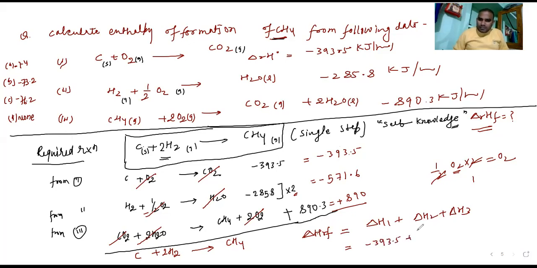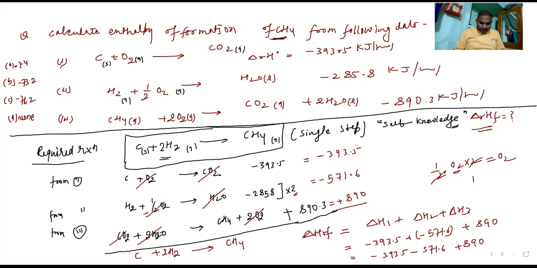Plus is there, but the value is minus, so minus 571.6. And the last one is positive, so how much? 890. So here you see minus 393.5 plus, into minus, that is minus 571.6 plus 890. Can you please solve this one? Two values are negative. Try to solve it.